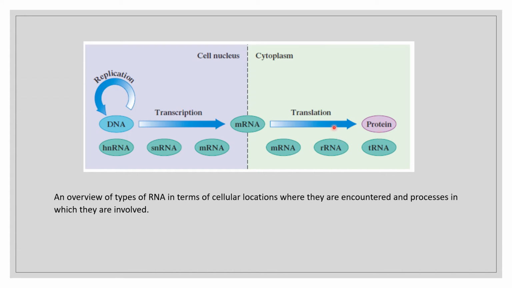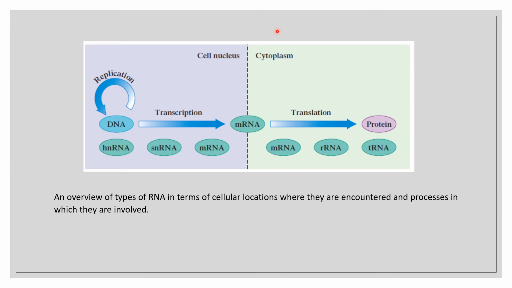As you can see, this is the process for protein synthesis. In the cell nucleus, we find heterogeneous nuclear RNA, snRNA, and mRNA. Then here we have the rRNA and the tRNA. At a non-detailed level, a cell consists of a nucleus and an extranuclear region, that is the cytoplasm.